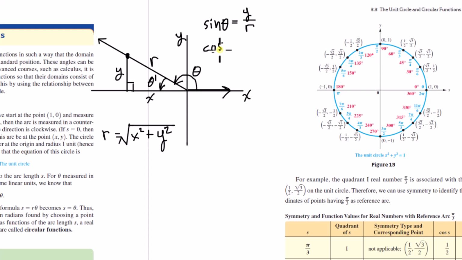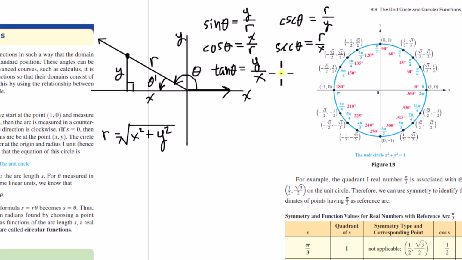The cosine of theta is adjacent over hypotenuse. The tangent of theta is opposite over adjacent. And then cosecant, secant, and cotangent are the reciprocals of these values. And that's it. That is the definition of the trig functions.